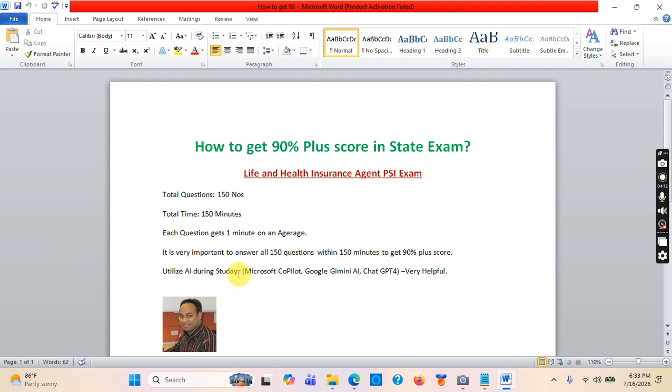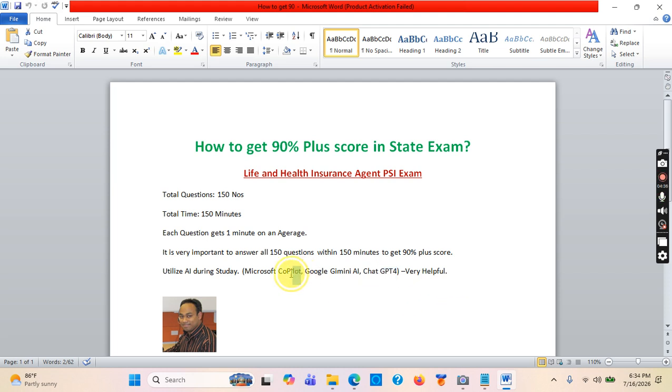And also it is very important to utilize AI during study. For example, AI tools that can be utilized for study would be Microsoft Copilot, Google Gemini AI, ChatGPT 4, etc. Very helpful.